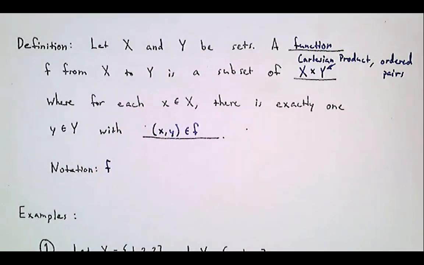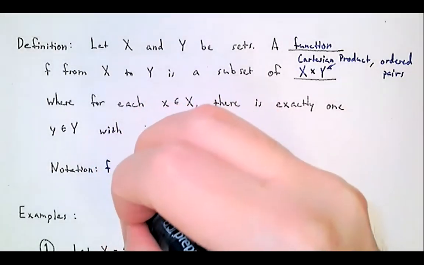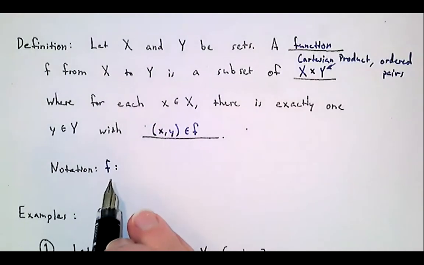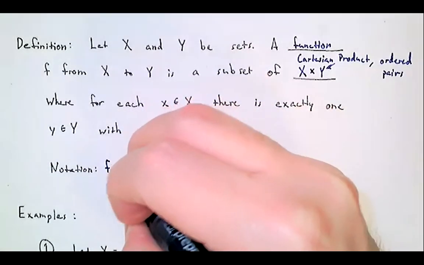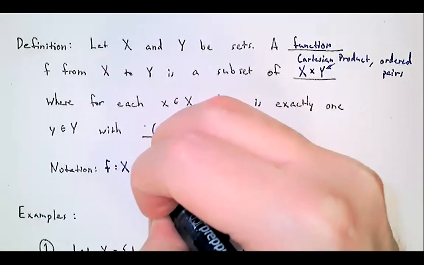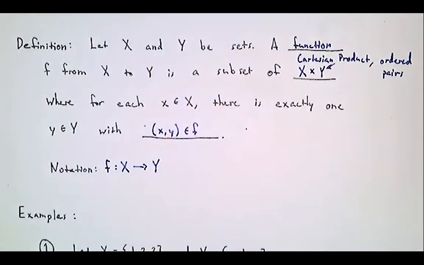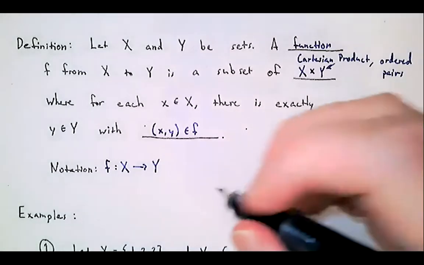A lot of the time there's the shorthand notation. So f is going to be the name of our function. And then we specify two sets, x and y. So what this symbolic form would translate into English as f is a function from x to y.